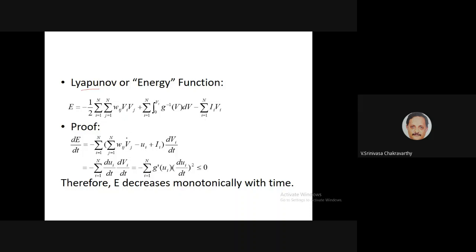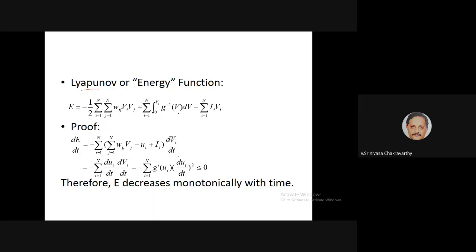Since it has quadratic terms, products of vi and vj, you differentiate with respect to time, and you get one term with dvi by dt times vj, and another term with vi times dvj by dt. But since wij is equal to wji, you make use of that symmetry, and you get this simplified form. The internal summation goes inside, you have wij vj, and outside you have dvi by dt.